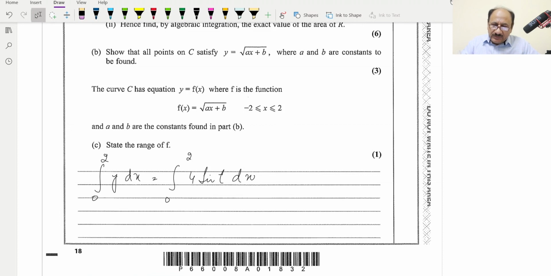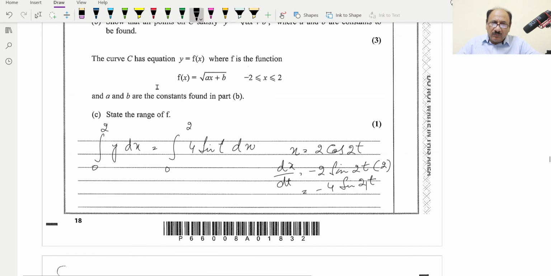So x is equal to 2 cos 2t, and dx over dt we can find. The derivative of cos 2t will be minus sine 2t into 2. So minus 2 sine 2t into the derivative of 2t, which is 2, and this will be minus 4 sine of 2t.